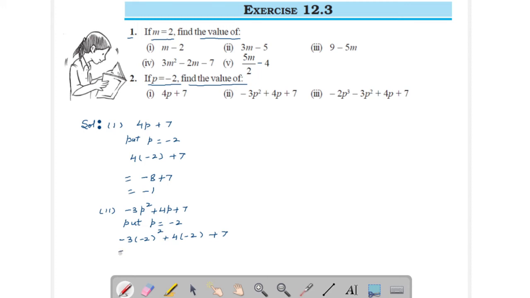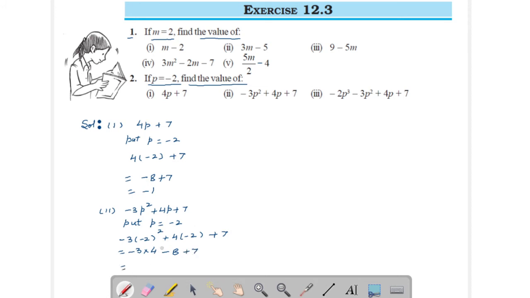Solve this. You will get minus 3 into minus 2 square, means minus 2 into minus 2, it is 4, plus 4 into minus 2, it is minus 8, plus 7. Solve this.